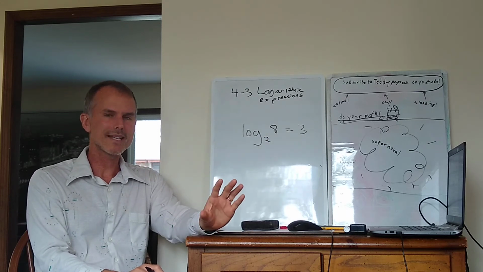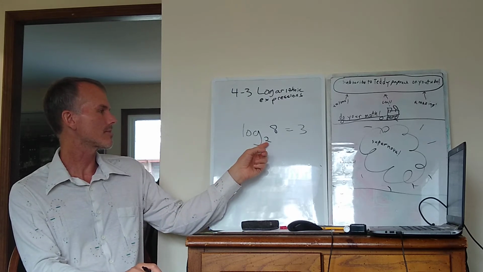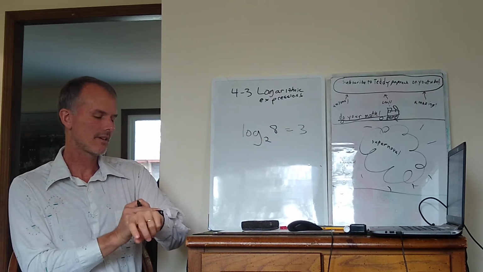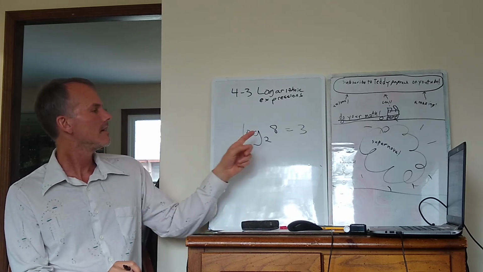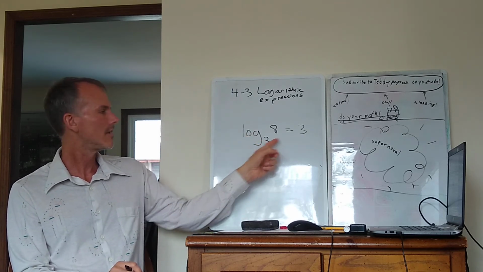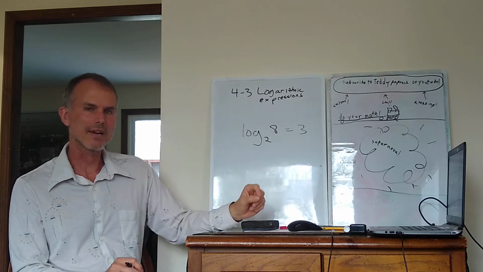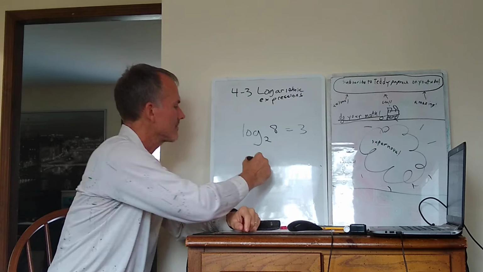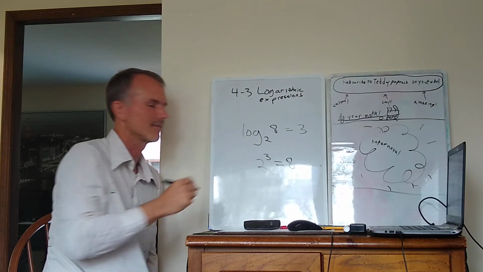Now, another way to write the same relationship between the three numbers 2, 3, and 8 is this. Well, I mentioned that this base raised to this power has to equal this number right here. So I can write the base raised to the third power, in this case, equals my argument 8.